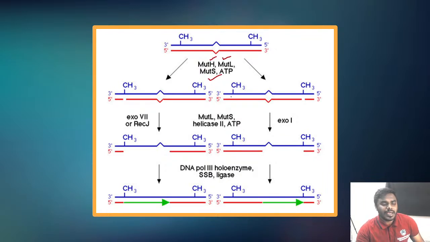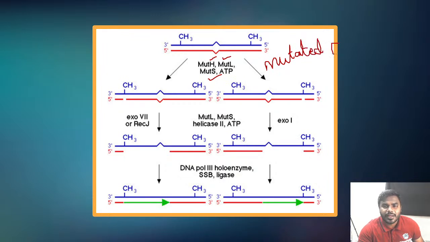Why have we given the name Mut? We call it Mut because they are all derived from the mutated E. coli. That is the reason we call them MutH, MutL, MutS. Everyone, please listen carefully.